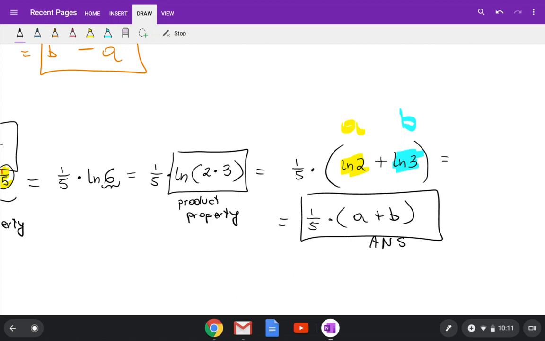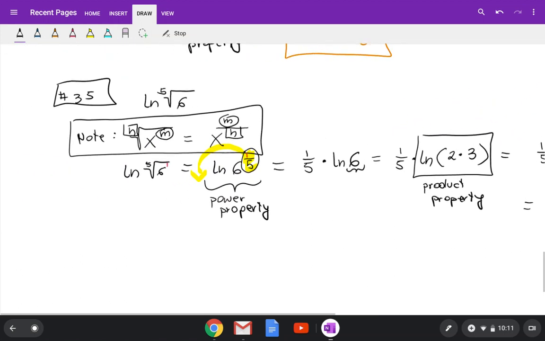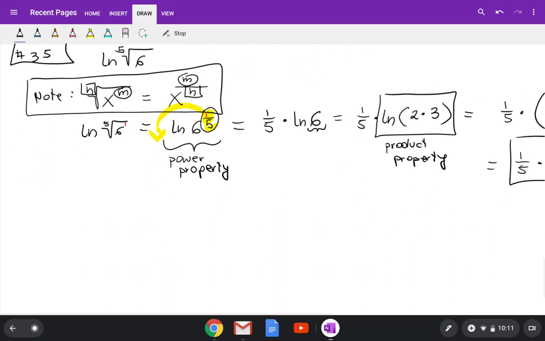Okay, 35. Let's do 36. The same idea: rewrite the given logarithmic expression using ln of 2, ln of 3, and later convert to a and b. So you have ln of the root of index 4, and under the root you have the fraction 2 over 3.